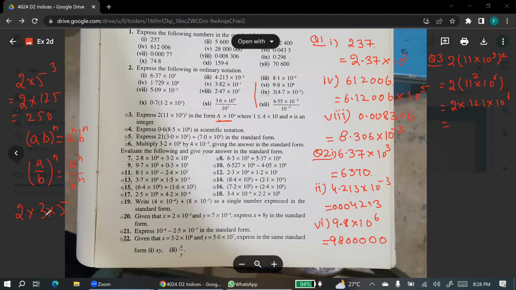We can first do 2 multiplied by 3, then we'll multiply by 5. Yes, we will multiply 2 with only one of the numbers, that is 6 into 5, or 3 into 10, 30. So we will multiply 2 only with 121.